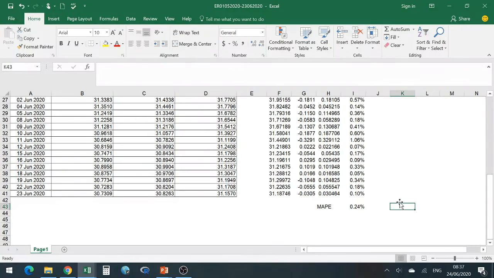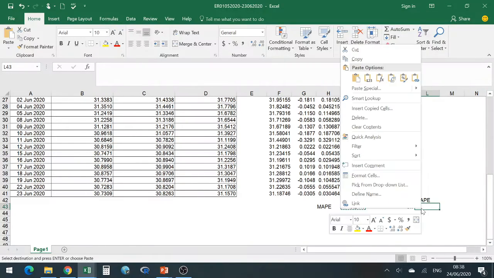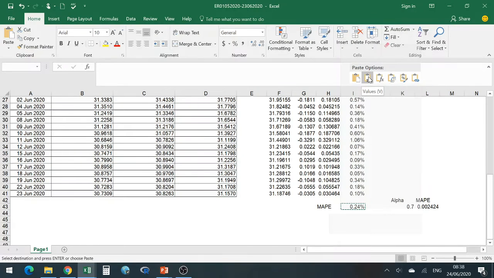So this time we used alpha 0.7 and we get this MAPE. I just copy this and paste as values, so there's no formula here, just a number, and make it a percentage.